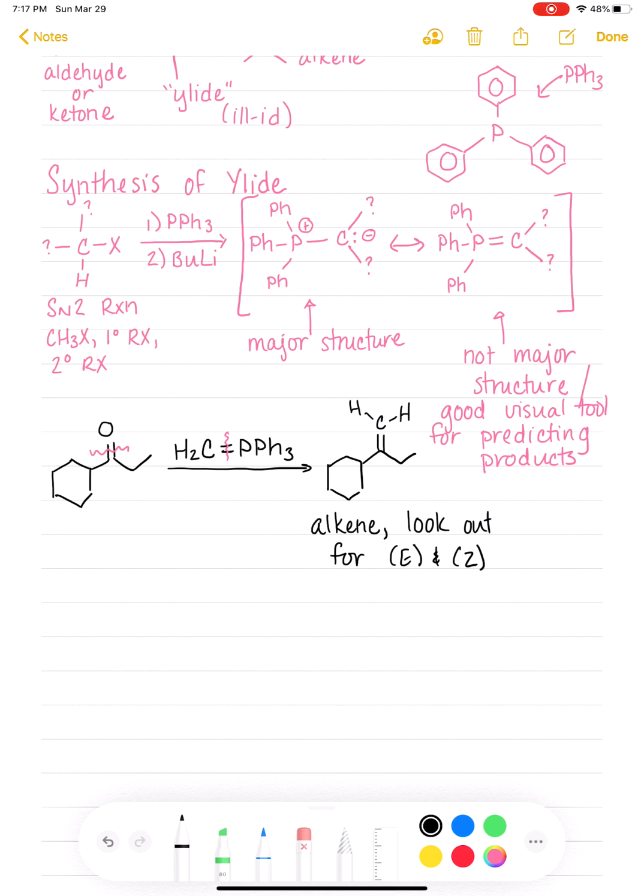Let's also practice, before we finish this, predicting where that ylide comes from, because that's going to be something that's important for us to know as well. So when we form the ylide, we know we always have to use PPh3. We know that we always have to use butyl lithium, BuLi, that's part of the reagent.